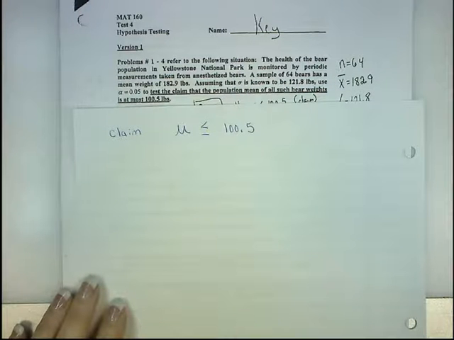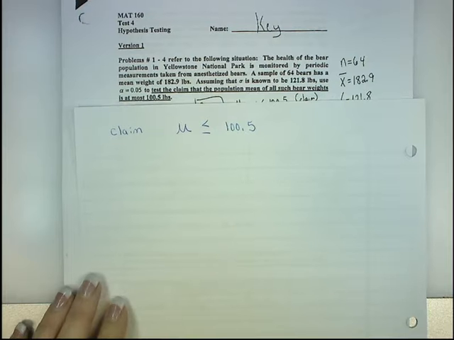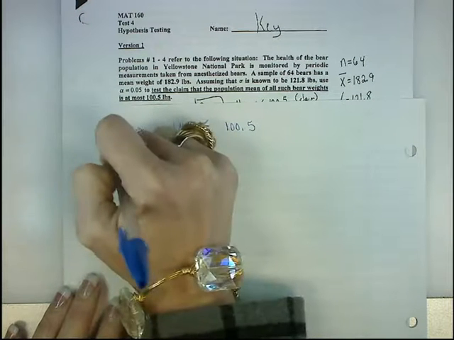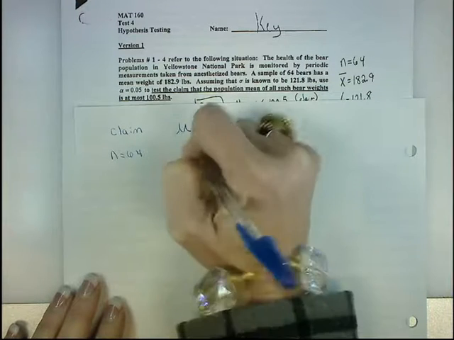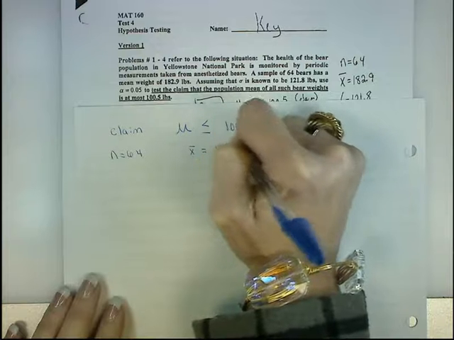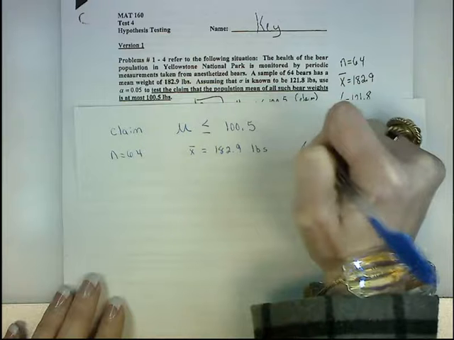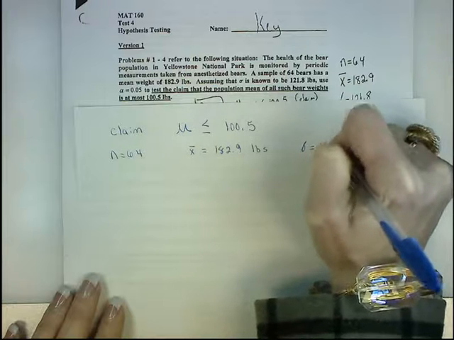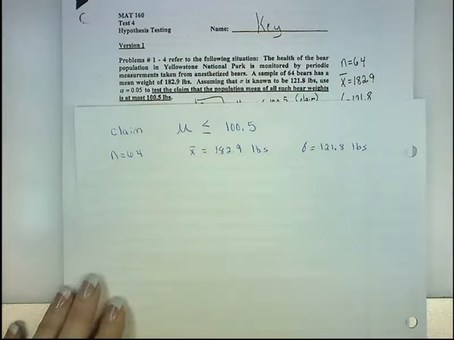The population mean of all such bear weights is at most 100.5 pounds. To test this claim, they take a sample of 64 bears, and their mean weight, X bar, is 182.9 pounds. Assuming sigma, standard deviation of the population, is 121.8 pounds, test this claim.